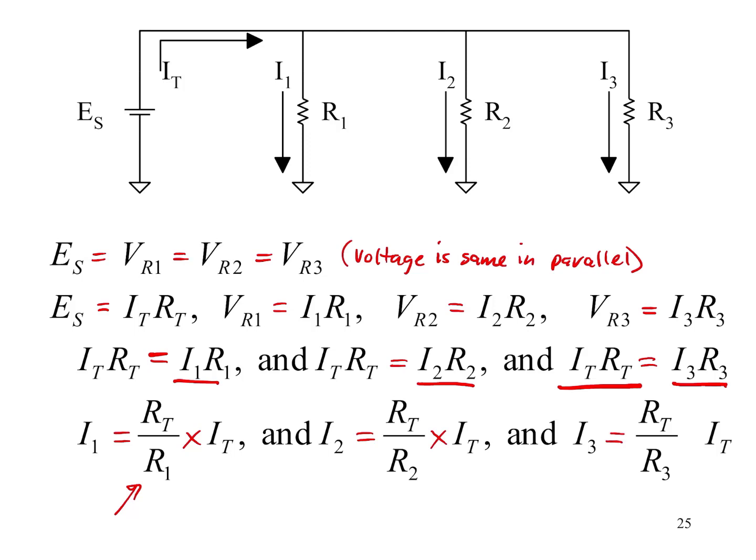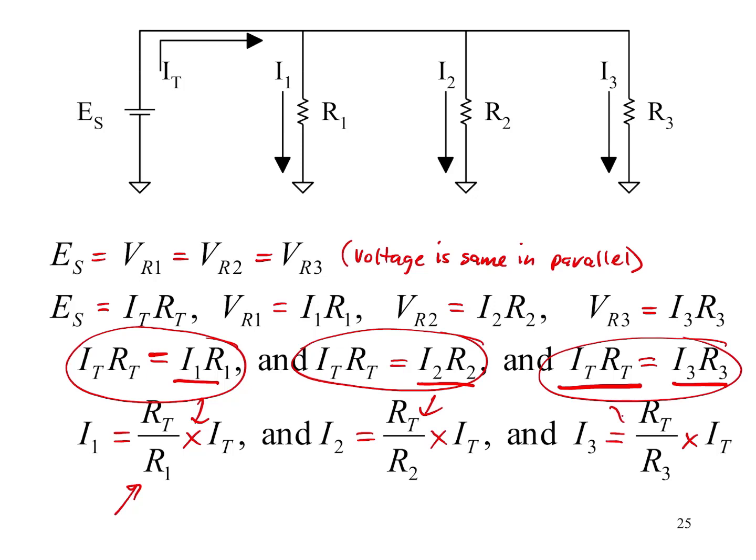I3 equals R total over R3 times I total. The fraction is the inverse of what it was for the voltage divider, and it's all proved by just flipping this equation around to give you this, flipping this around to give you that, flipping this around to give you this. So this is called the current divider rule.